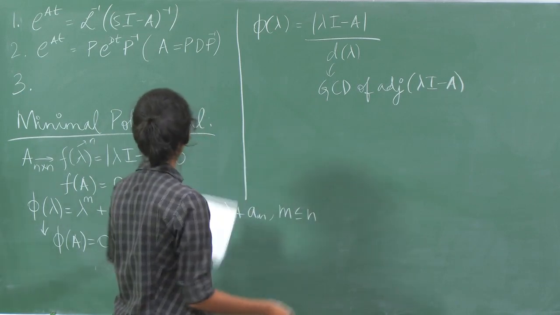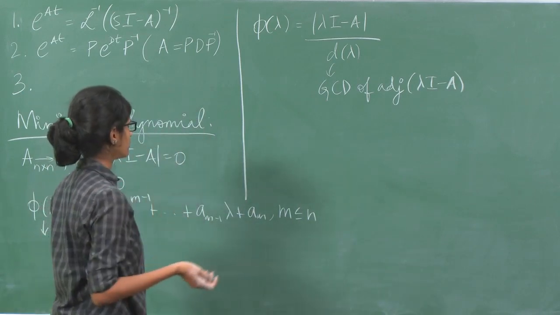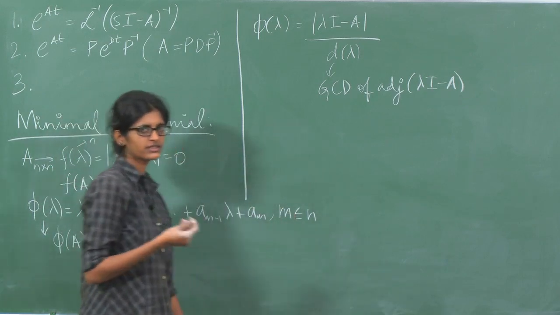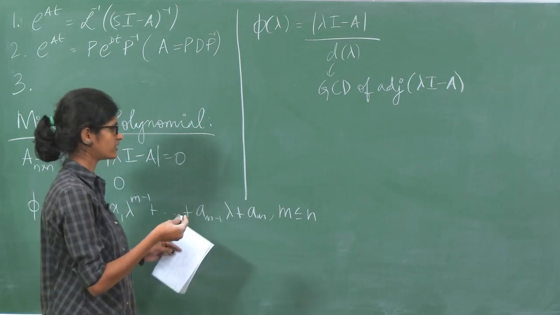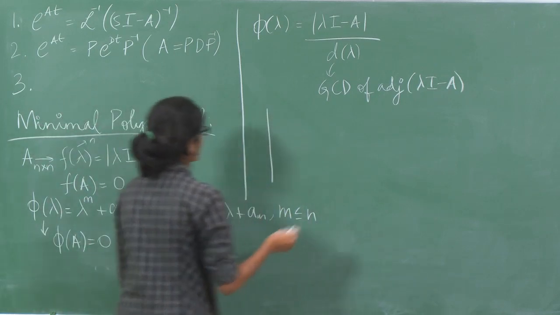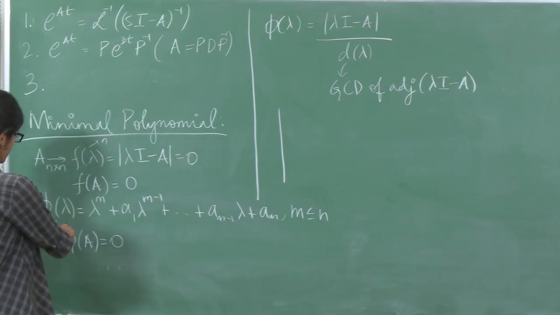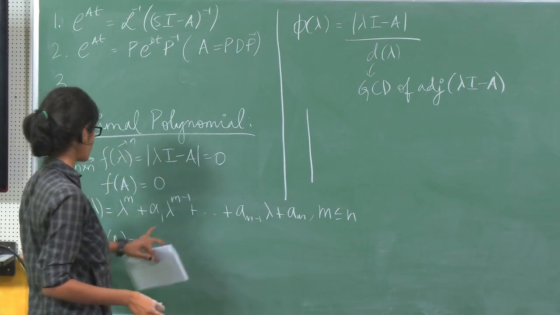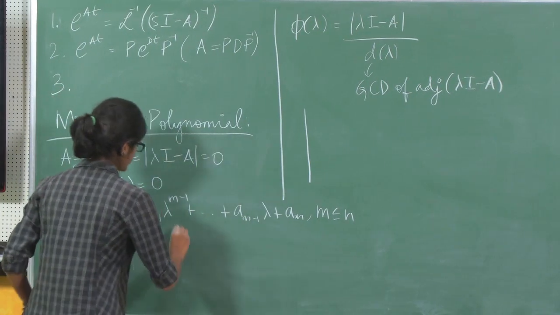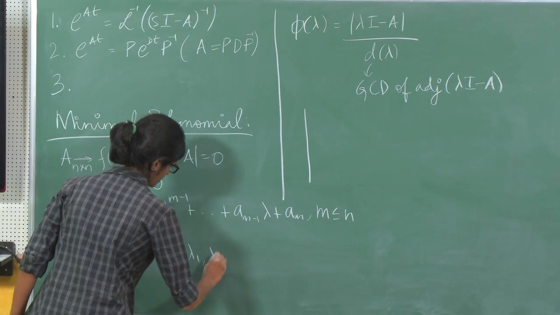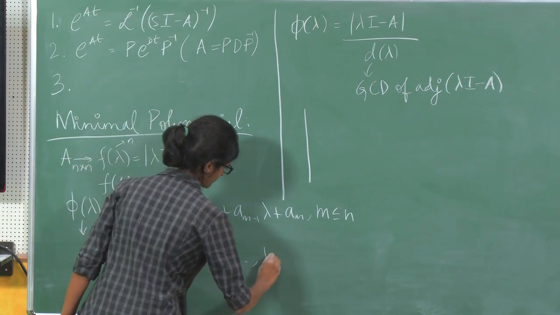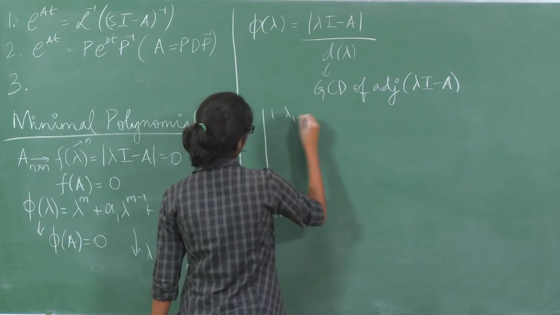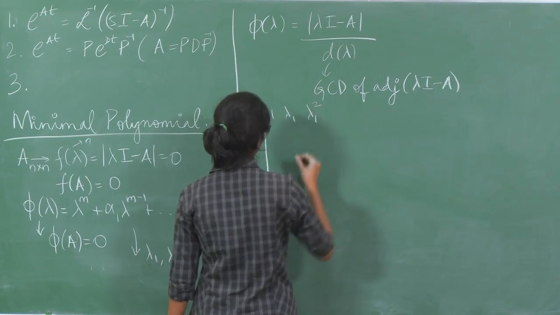Now why do we use this to find the exponential of At is we use a formula called the Sylvester interpolation formula, which basically says that phi of lambda, which is the minimal polynomial of a matrix A, assume that it is in this form, and let's say its roots are lambda 1, lambda 2 and so on, lambda m. So in that case your matrix exponential can be expressed using this formula.